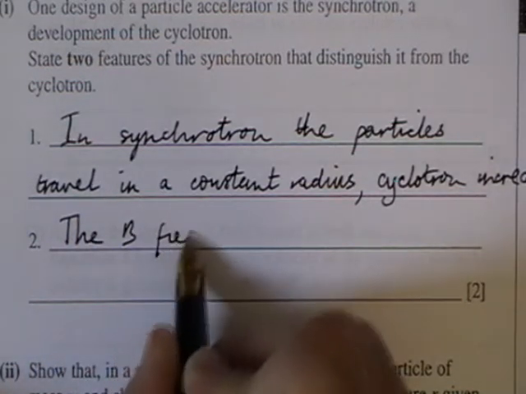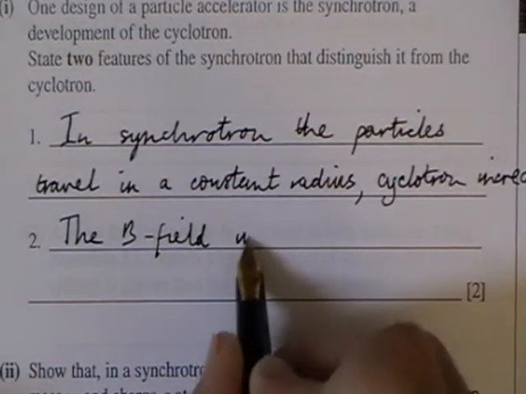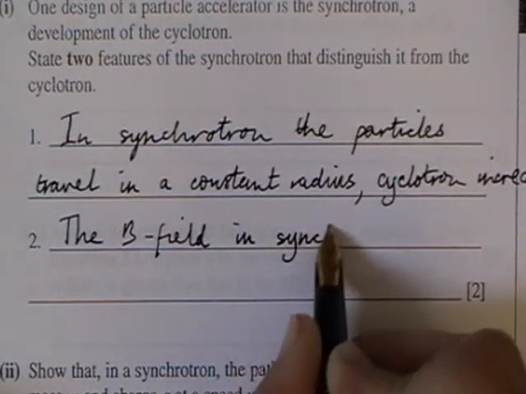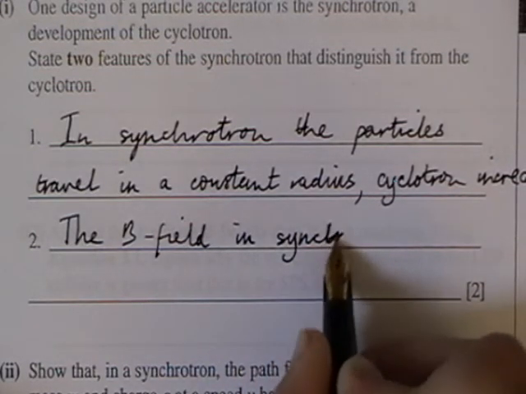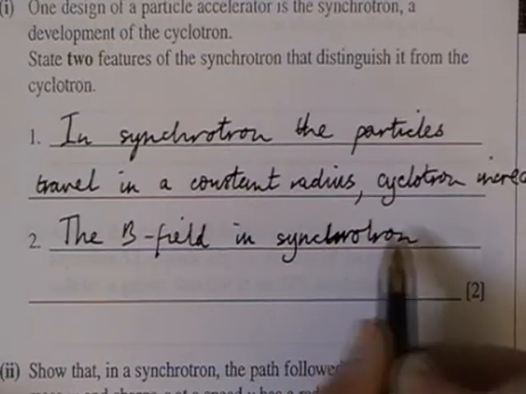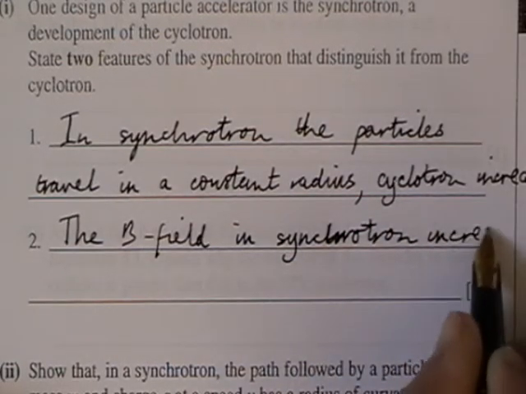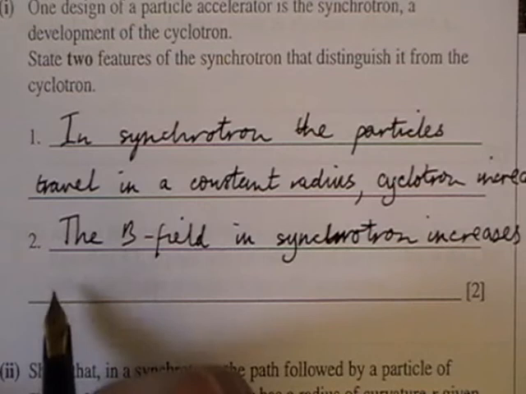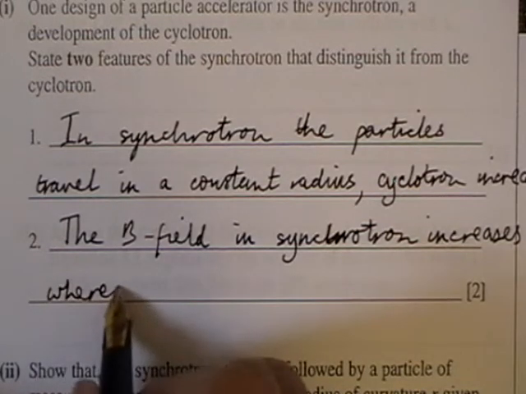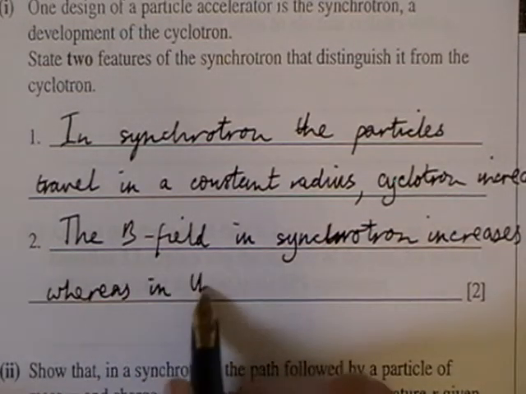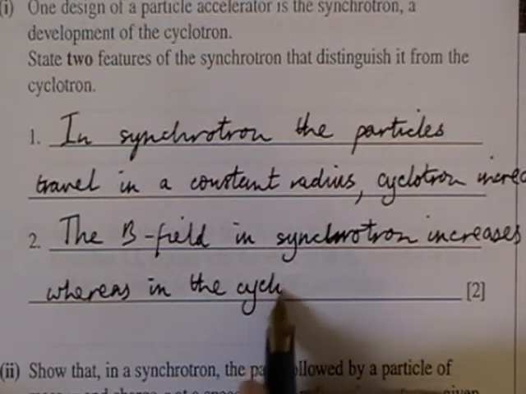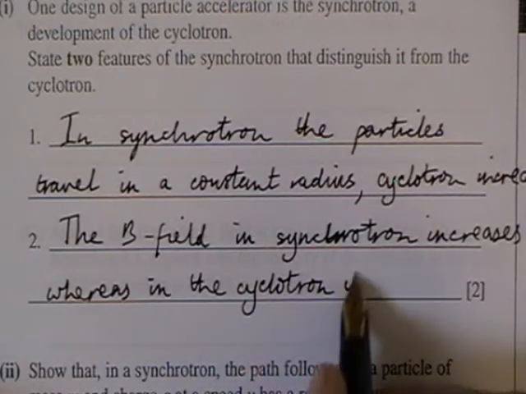The B field in the synchrotron increases in order to keep it in that constant radius, whereas in the cyclotron it is constant.